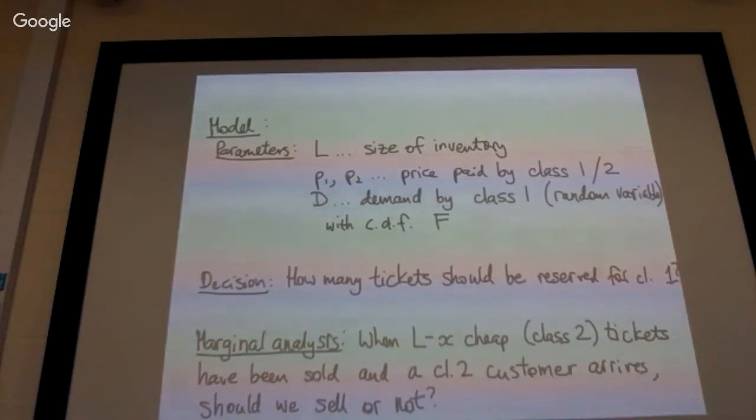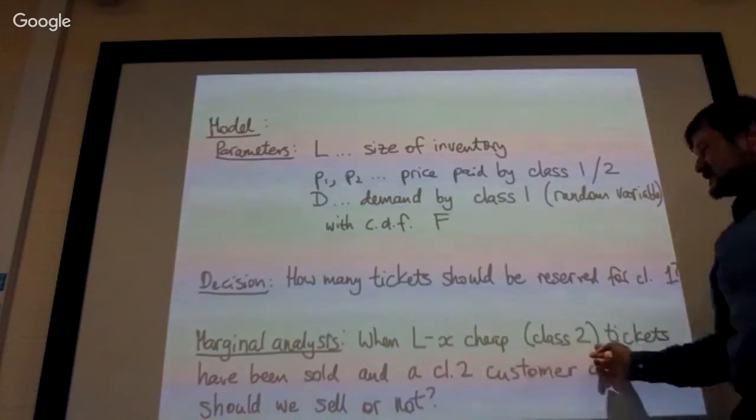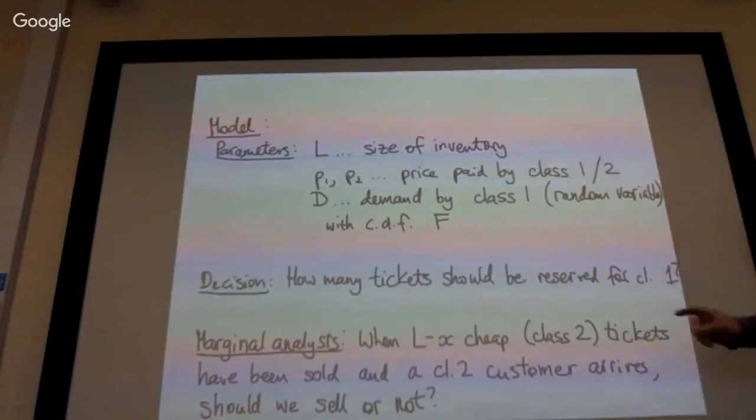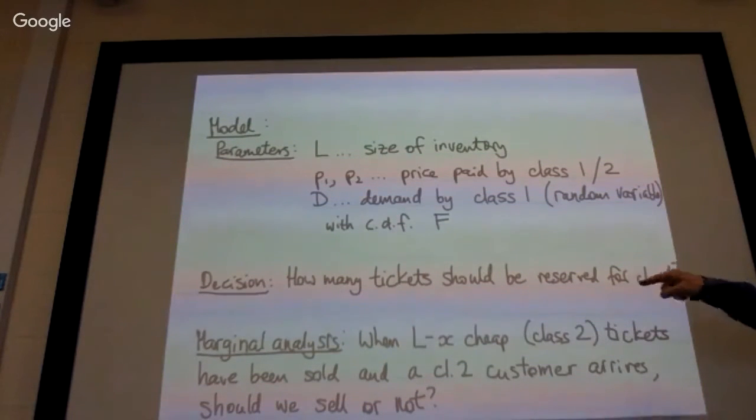Okay, and if the answer is yes, then our optimal solution is larger than X and not smaller than X. So L minus X cheap tickets have been sold, which means that X tickets still remain for class 1, potentially.